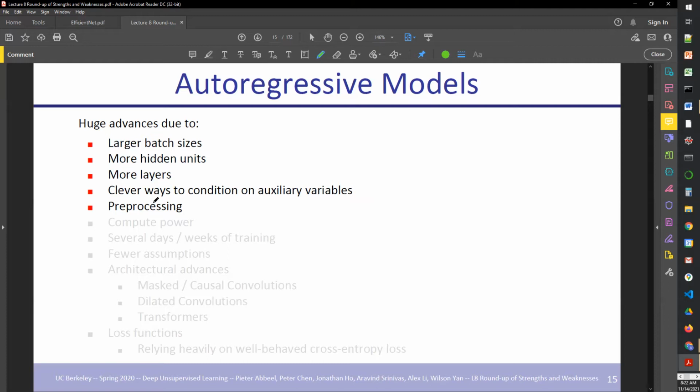Similarly, in the text space, we also do some pre-processing because we use, for example, byte-pair encoding, which is in between character-level encoding and word encoding. That's what he puts into the bucket of how pre-processing helps us get better results.